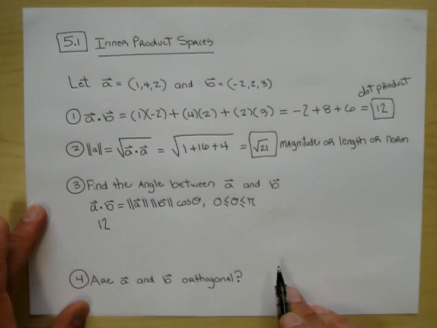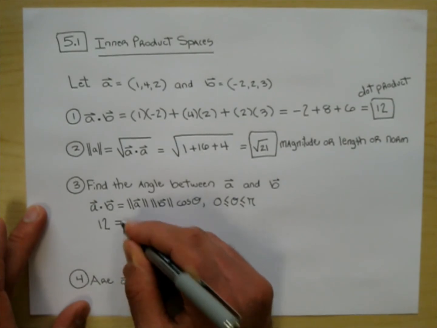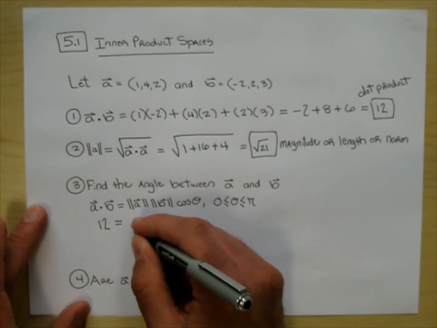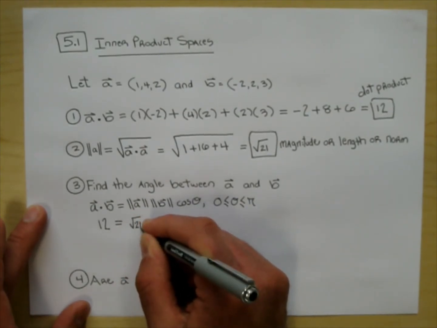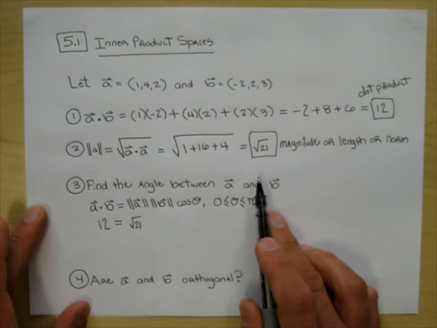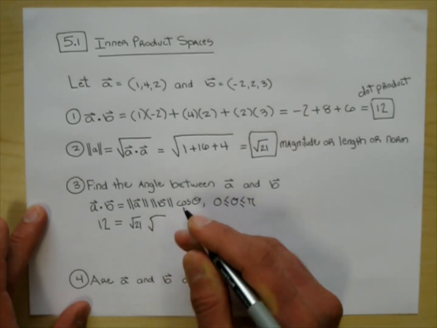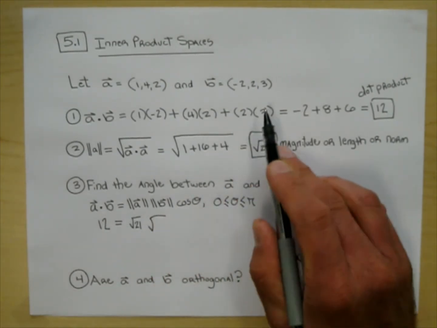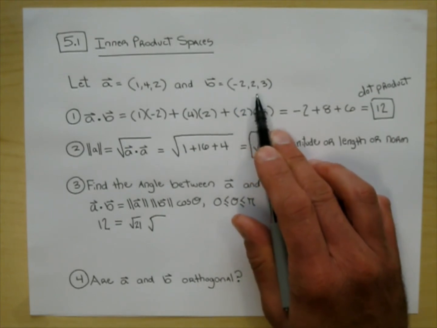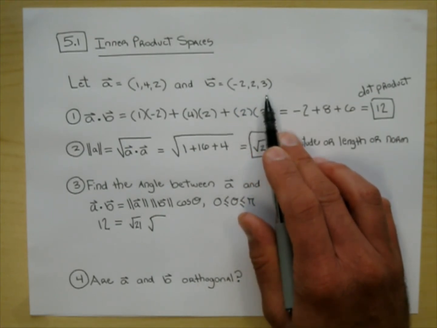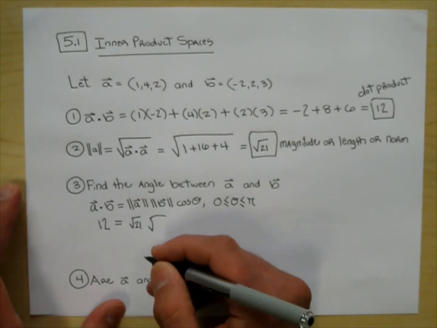Then this equals length A, root 21, times length B. Well, we have not done the length of B. It's going to be the square root of 4 plus 4 plus 9, which is 17.